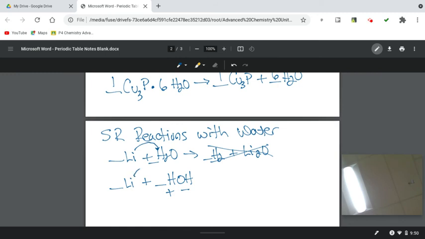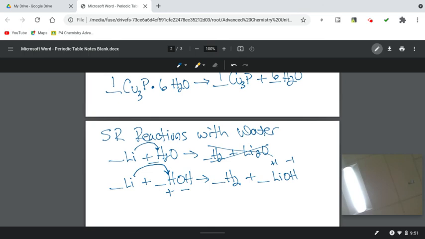So when lithium bumps hydrogen off, which it will, you're going to get hydrogen, H2, because it's diatomic. But you are not going to get lithium oxide. You're going to get lithium hydroxide, which would be LiOH. Lithium's +1, hydroxide is -1, so we can leave the formula like that.